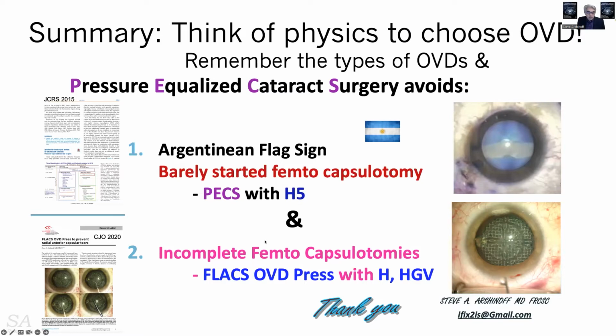Or is it more like an incomplete femto when you have gas in the bag and you have outward pressure, and then you want to do a femto OVD press with Helon or Helon GV? And of course, every other situation we encounter in surgery also has specific applications of how you want to choose your OVD to stabilize the anterior chamber to allow you to do what you're trying to do safely and without problems. Thank you very much.